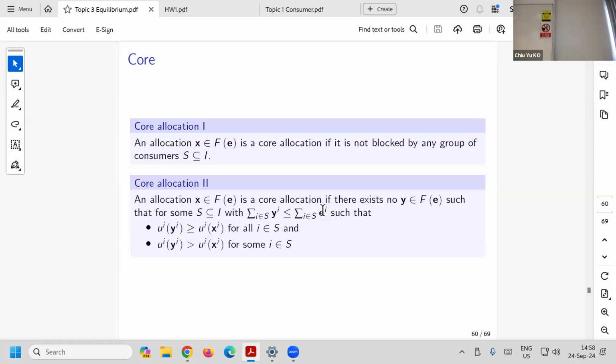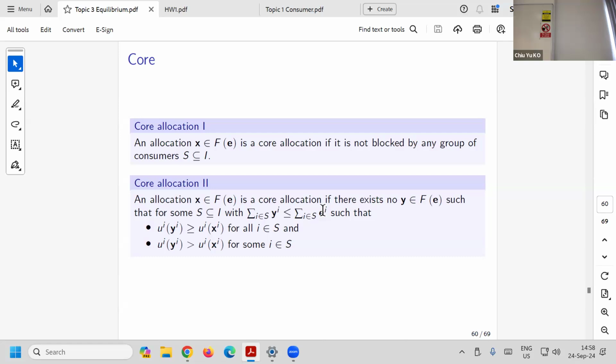So something is in the core means there is no feasible other allocation such that, using what these people have, everyone is weakly better off and some of them are strictly better off.